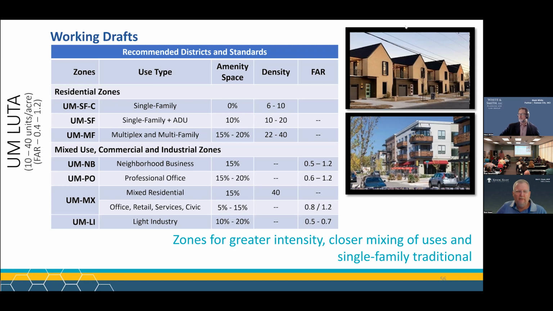So the character remains the same, but yet allows some flexibility. So if somebody wants to build onto their house, they're able to do so within certain confines that are spelled out in the code. And so there's not as many variances and processes that would be attached to that. So that is a new addition that has come forward as we've gotten further and further into this process.